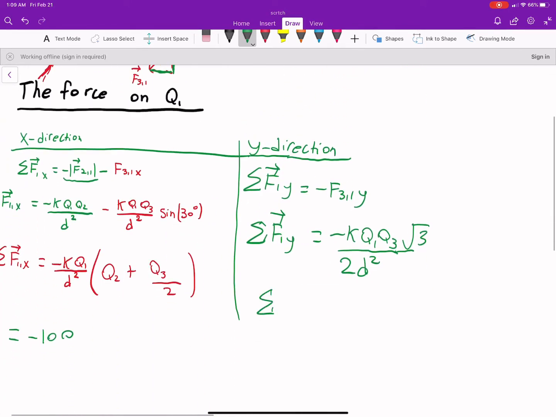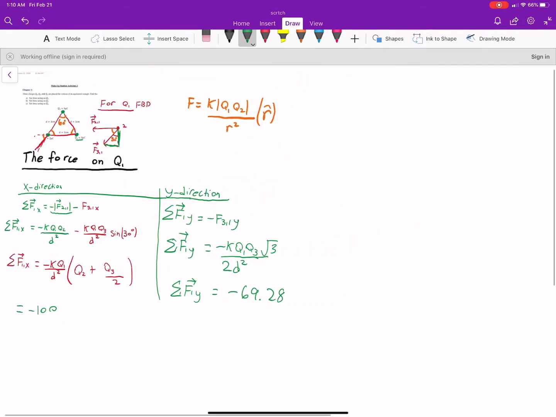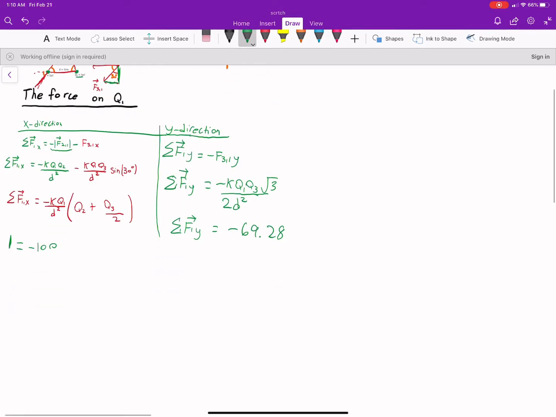So once we plug all this in, you'll get about negative 69.28 newtons. So now we have the sum of forces in the x direction over here and the y direction over here. Now the magnitude of the force that 1 feels is the square root of Fx squared plus Fy squared.